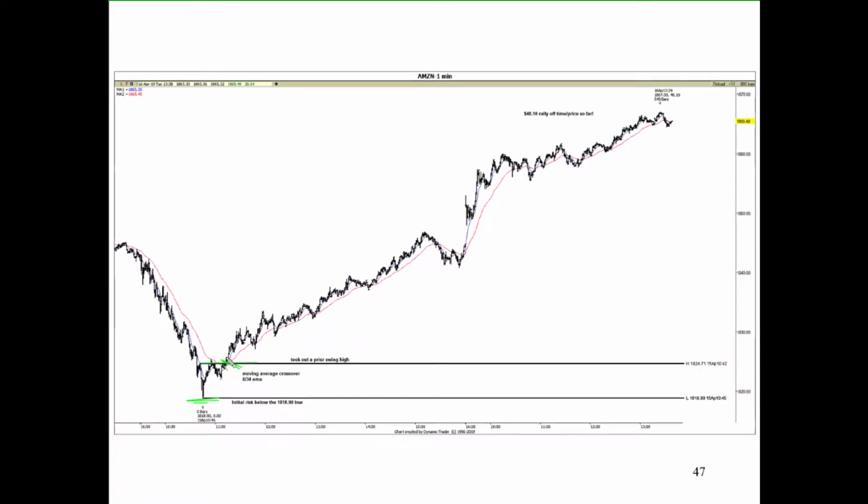So once both of those things occurred, it was a buy, and your stop was initially to be placed either underneath the low made prior to your buy signal or underneath the low end of the zone. And that's something that you can choose. If you want to give it a little bit more room, then you just do it underneath the zone. Just depends on how you write up your trading plan.